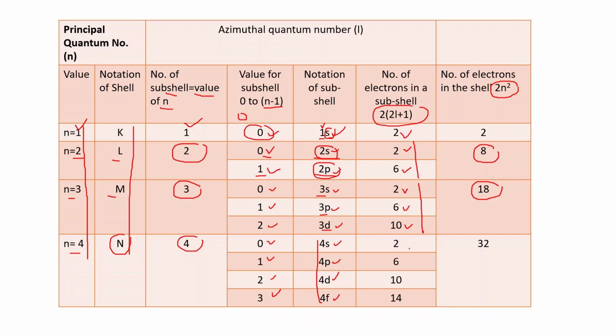And the number of electrons: 2, 6, 10 and 14, as s subshell has 2 electrons, p 6, d 10, f 14, whatever the shell in which they are present. In this way the fourth shell has 32 electrons.